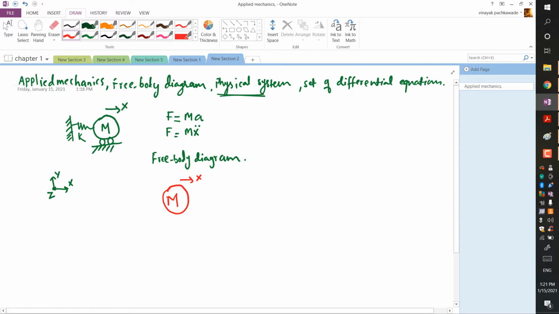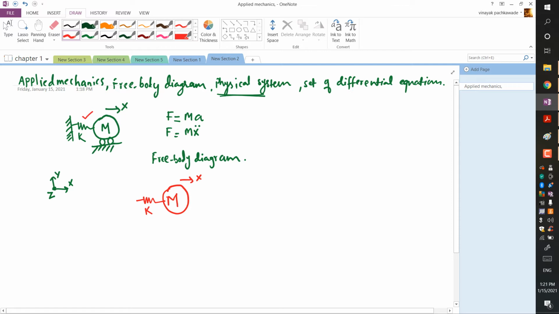It's an assumption, a mechanical boundary condition. When it tries to move in the right direction indicated by x, its own restoring spring indicated by k will try to pull it back, as we've shown over here.